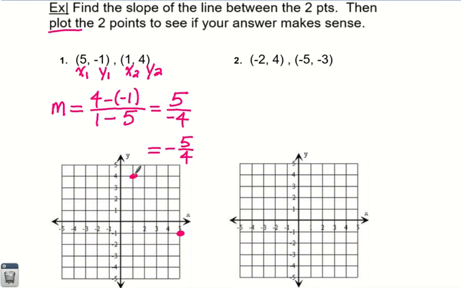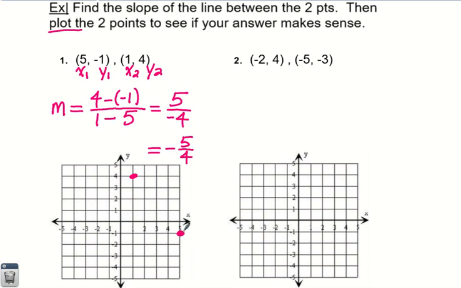Ooh, it just popped into my head that once people start to learn about slope and how it's rise over run, do not get that confused with plotting XY coordinates. Okay? Because remember, plotting 5, negative 1, I went over 5 and then down 1 because it was X coordinate and then Y coordinate.